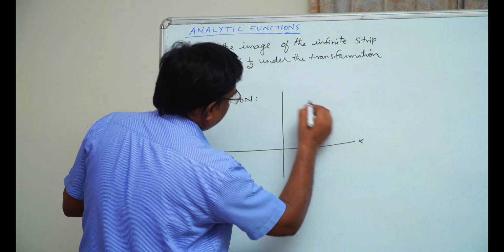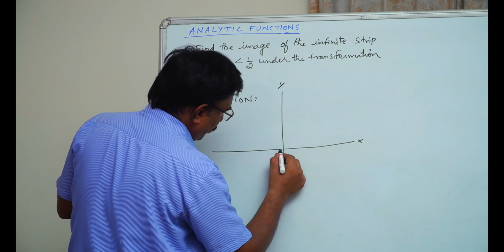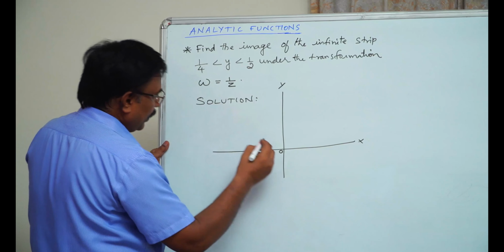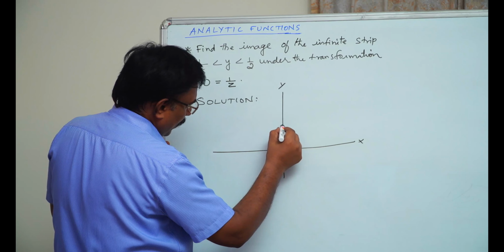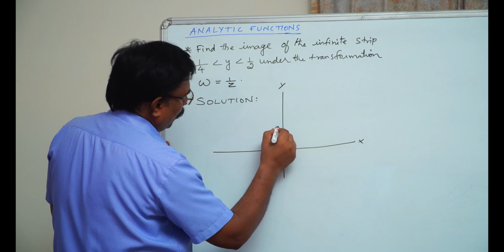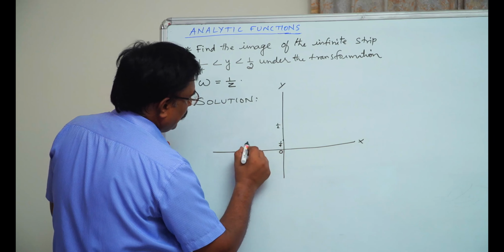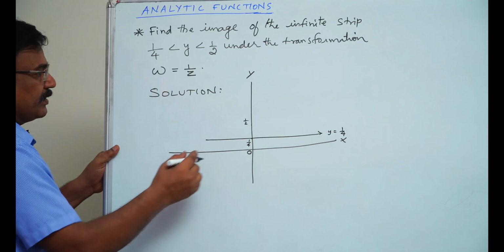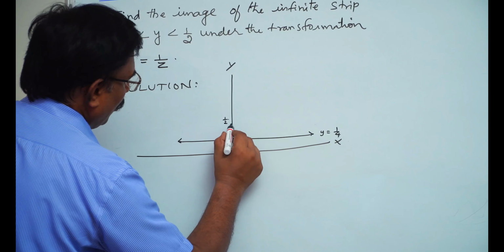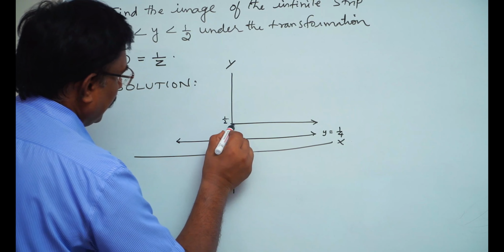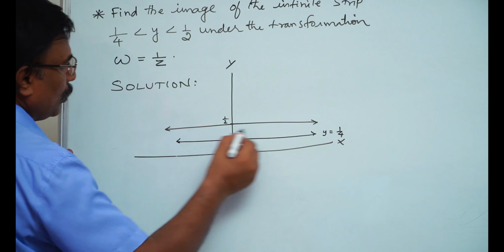This is the x axis, this is the y axis, origin. 1/4 is a positive y, 1/4, 1/2. So y = 1/4 is a line parallel to the x axis. Again y = 1/2 is another line parallel to the x axis.